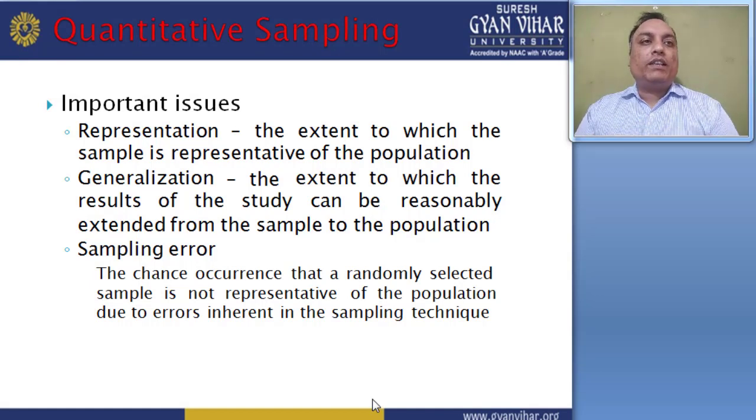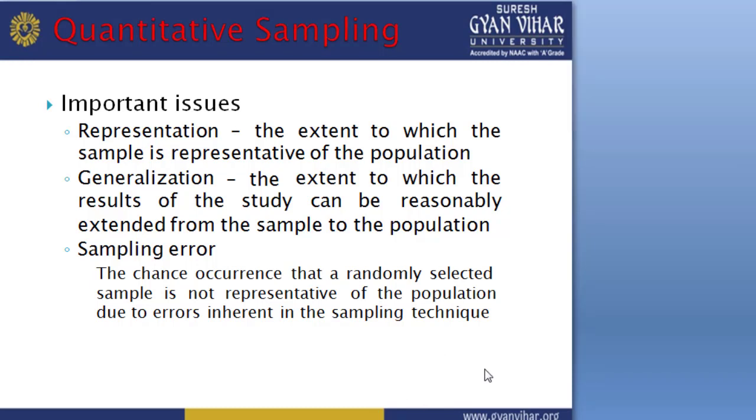Generalization is the extent to which the results of the study can reasonably be extended from the sample to the population. Sampling error is the chance that a randomly selected sample is not representative of the population due to error inherent in the sampling technique. These are the different kinds of error associated with it.